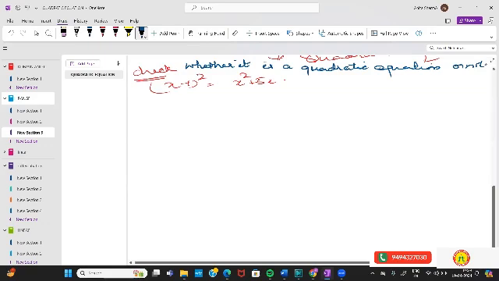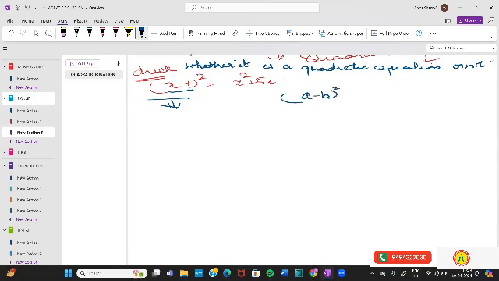How will you check? Simply, children, you have to simplify it. Now solve this. The identity for a minus b whole square, what is a minus b whole square? Tell me. a square minus 2ab plus b square. Very good.